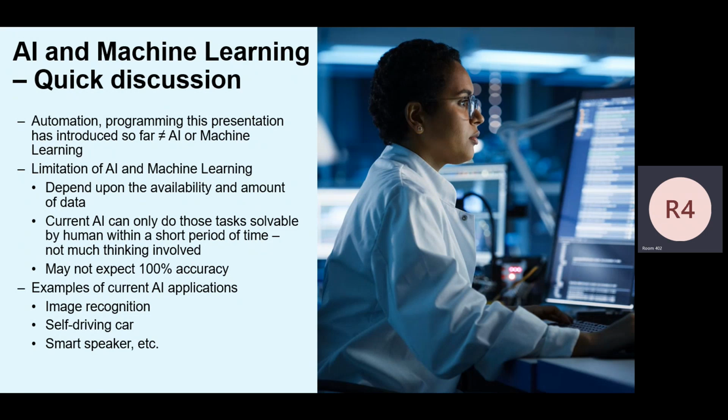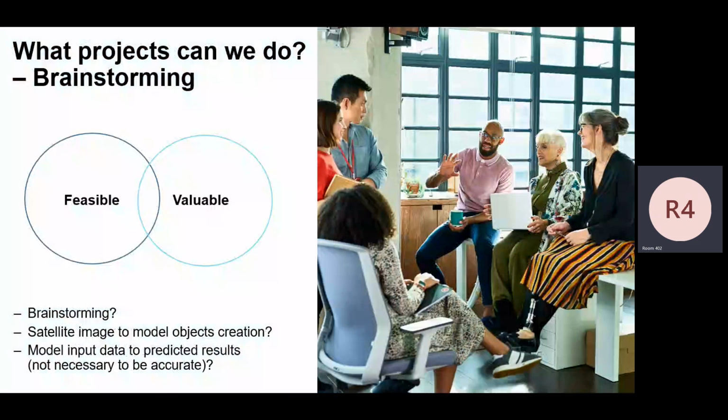Current examples of AI applications are image recognition, where you feed a lot of pictures of mugs to see if one is good or not and use it as QC, or self-driving cars and smart speakers. But we want to brainstorm what kind of thing can be used in dispersion modeling.